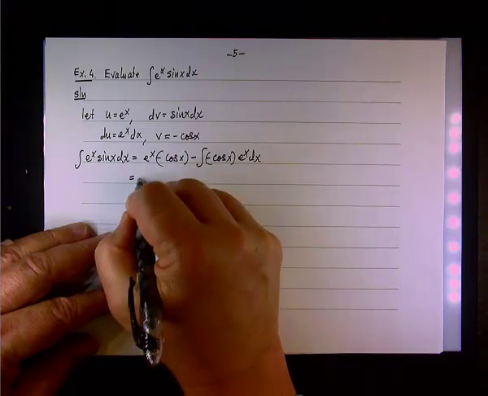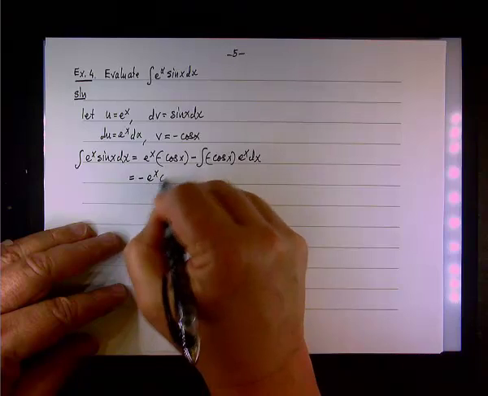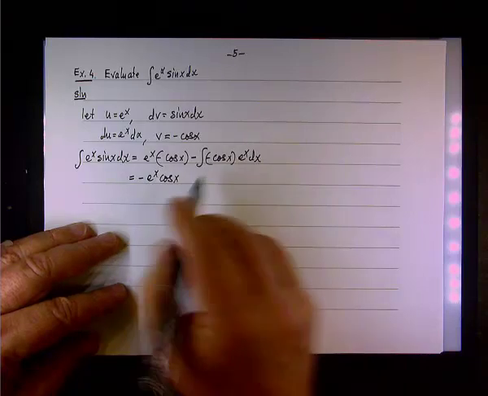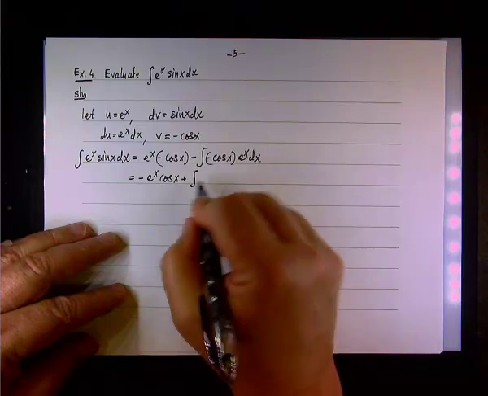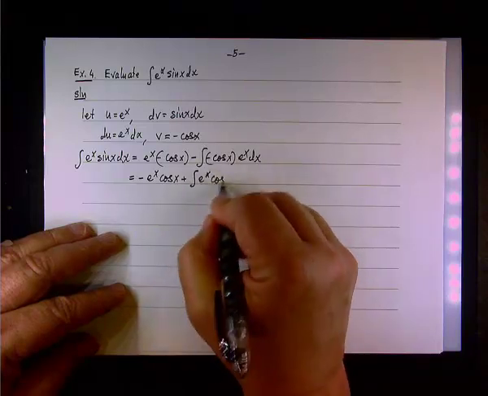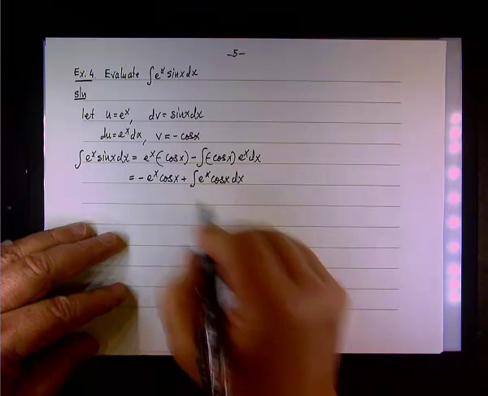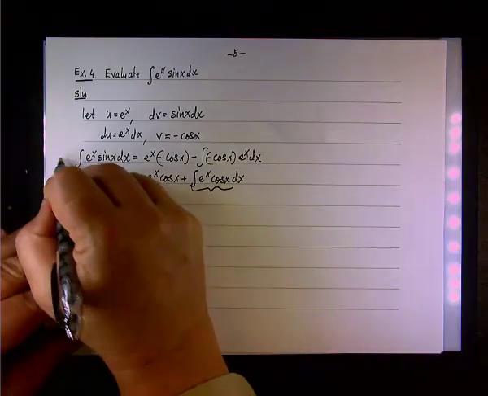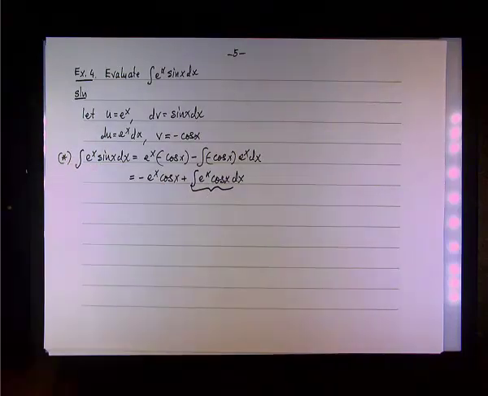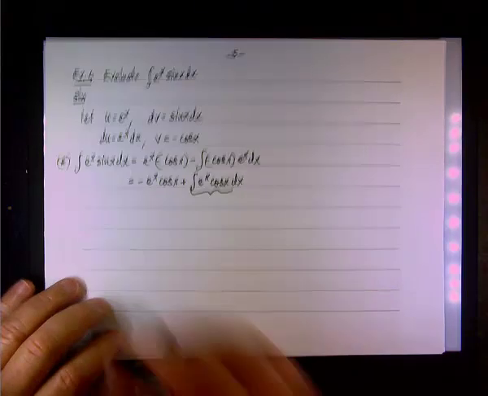So let's see what the result is. We end up having negative e to the x cosine x, and a double negative makes it positive, plus the integral of e to the x cosine x dx. So we have this integral that we need to evaluate, and I'll mark this as before as equation star.